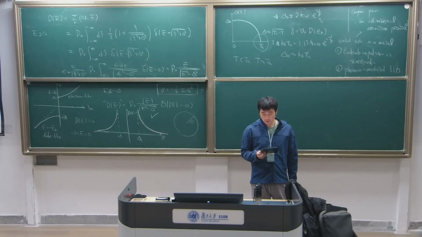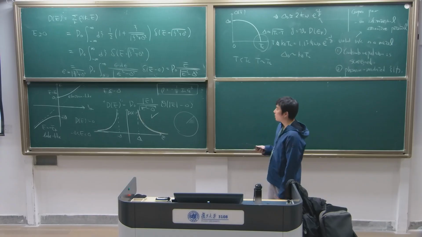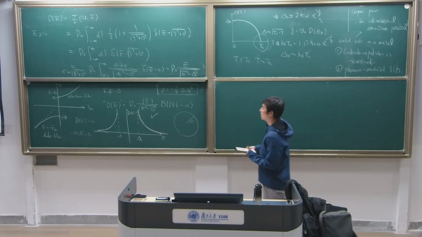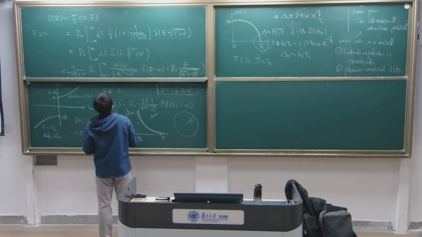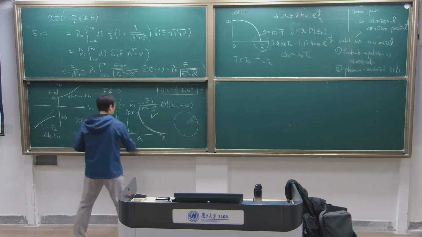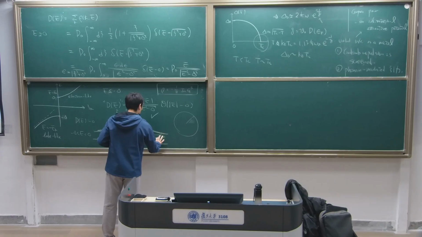Any questions or comments? Oh, sorry. This is not 0. Actually, this is D0. So 0 is here. I think this is 3, right?